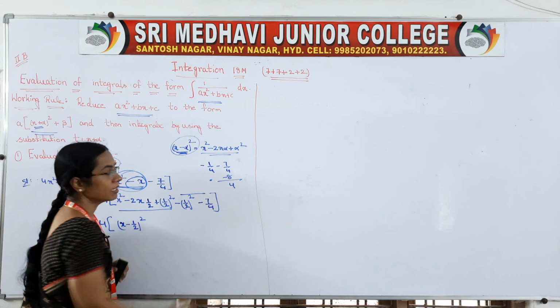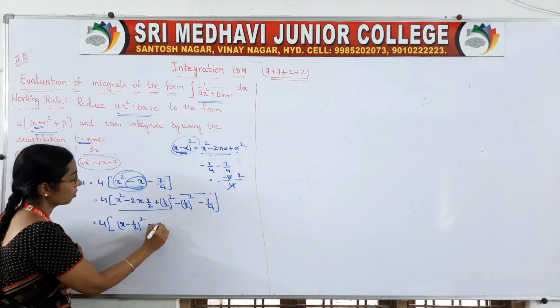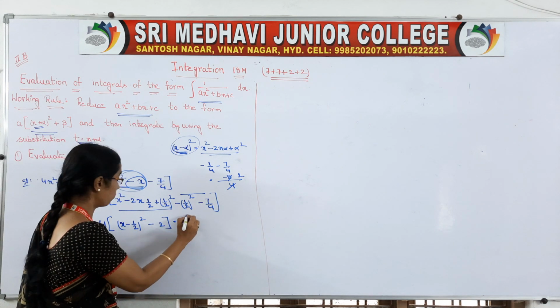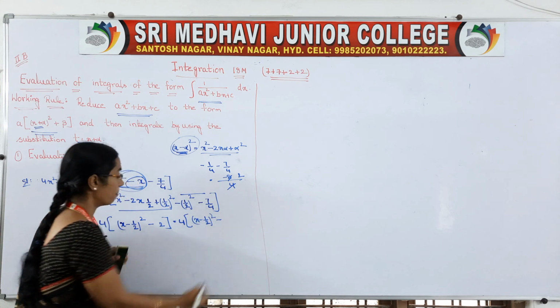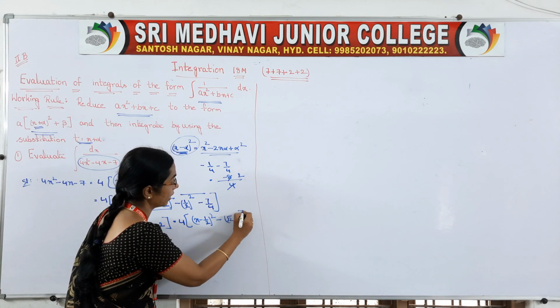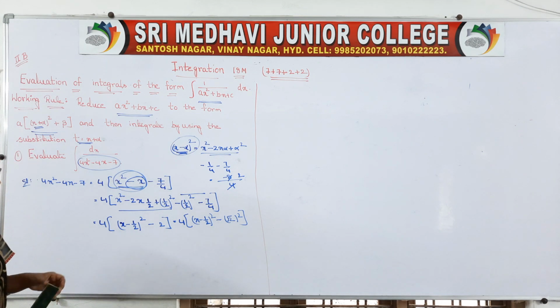It is minus 8, 4 twos are 8, which is equal to minus 2. So we can write this as 4 into x minus 1 by 2 whole square minus 2, which can be written as root 2 whole square. Okay, so now it is in your form.